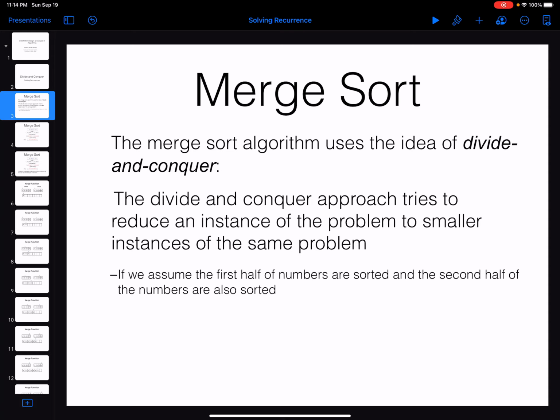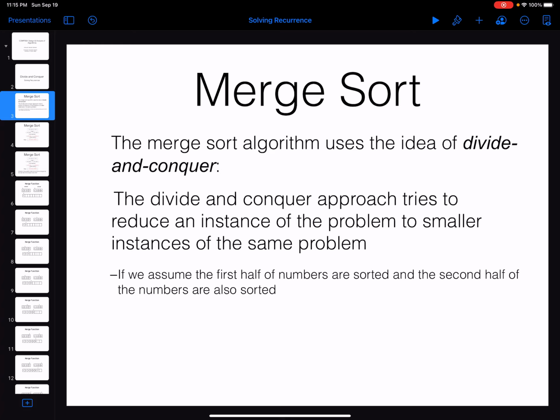Merge sort, I'm sure that you are already familiar with it from COMP359 and maybe other courses. Merge sort will be solved using the idea of divide and conquer. So the whole approach of divide and conquer is to try to break the problem into smaller sub-problems and solve them.